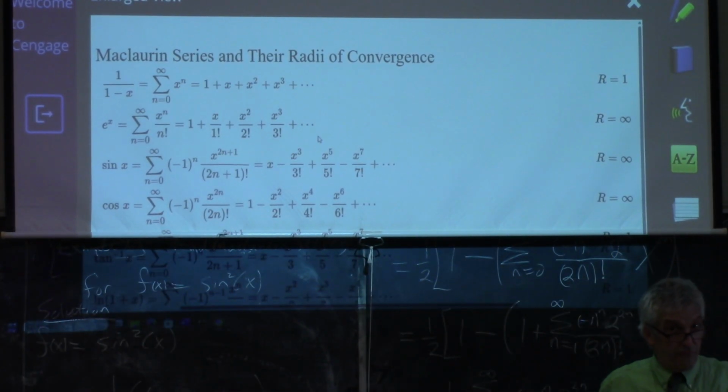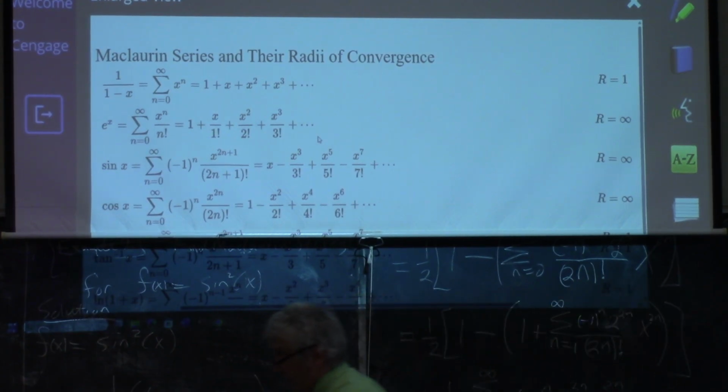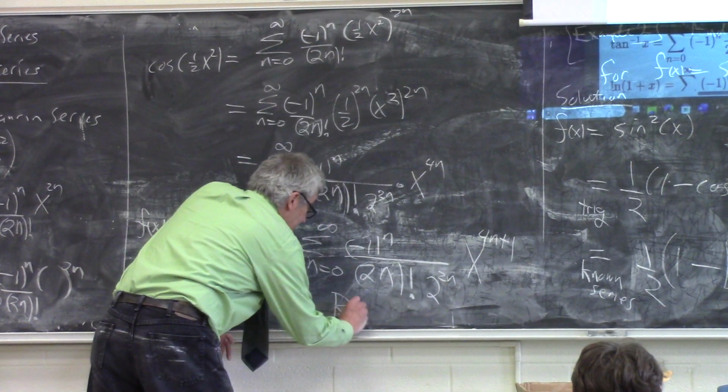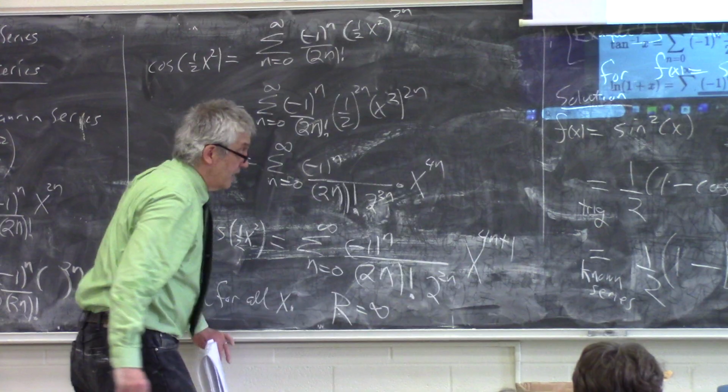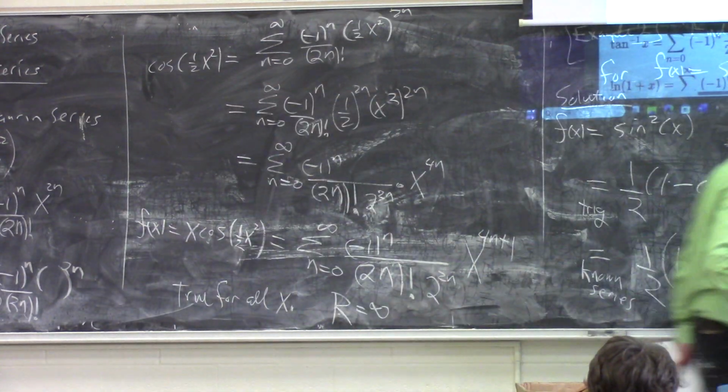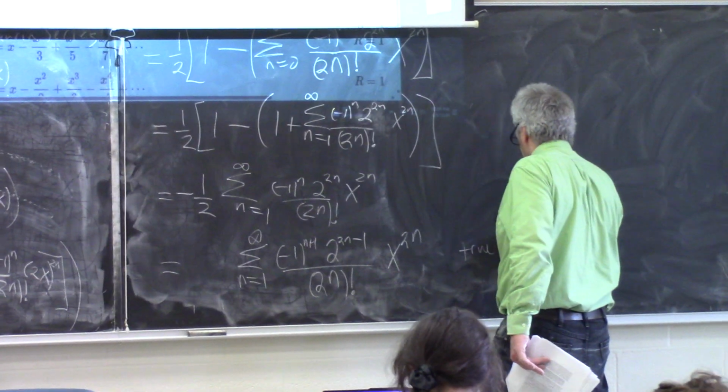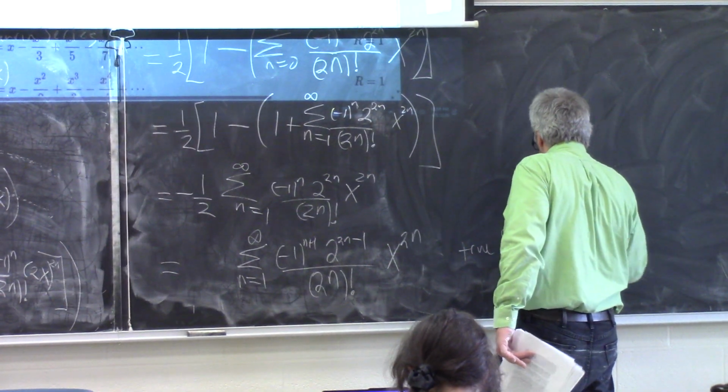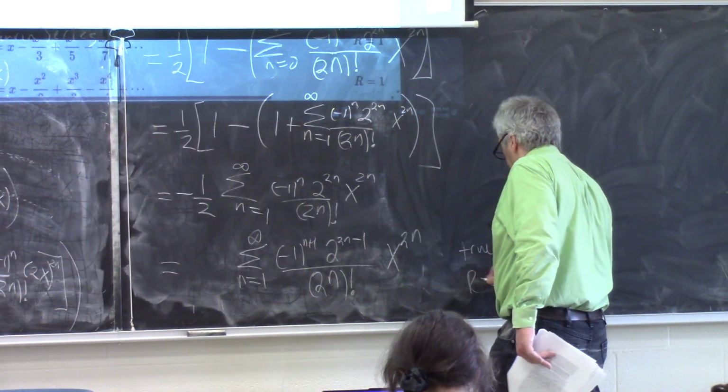In other words, it's true for all x. So this is true for all x. That is, the radius of convergence is infinite. Same thing over here. This is true for all x. So the radius is infinite.